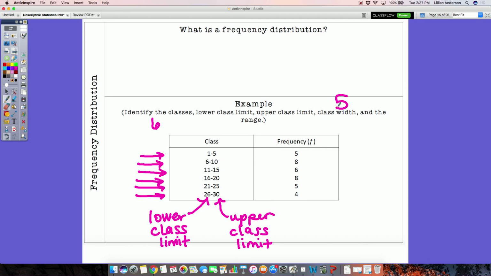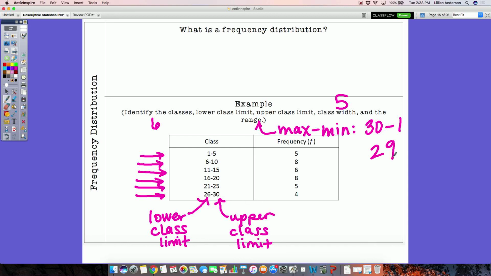Your range is your maximum value minus your minimum value. In this case, it's 30 minus 1. It is not our frequencies. Our frequencies tell us how often these numbers show up, so it's never going to involve your frequency. So what's my range? 29.